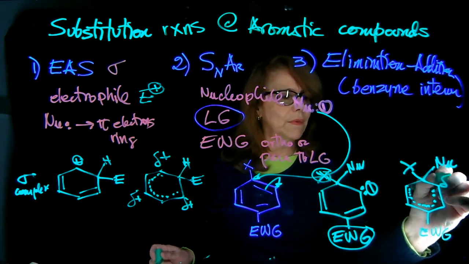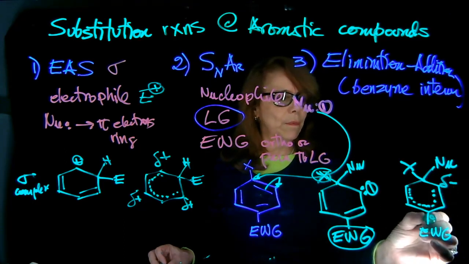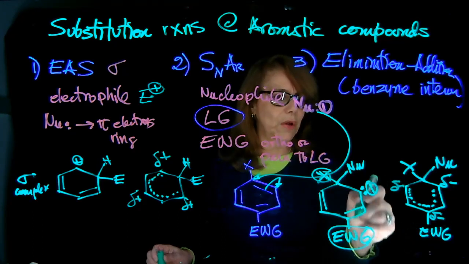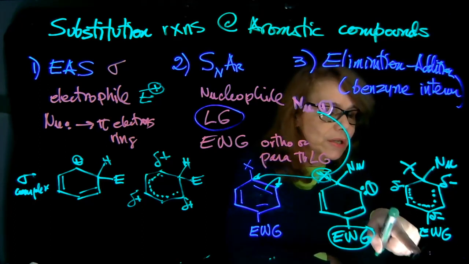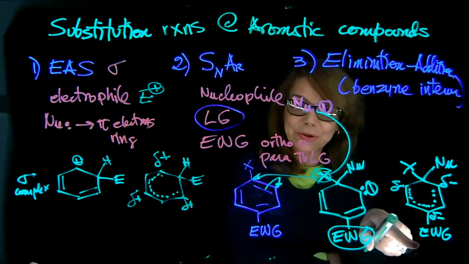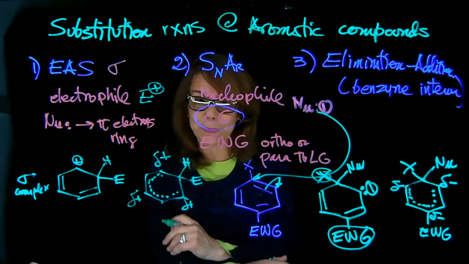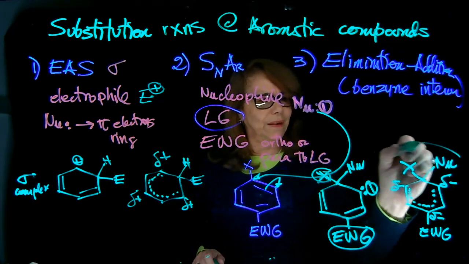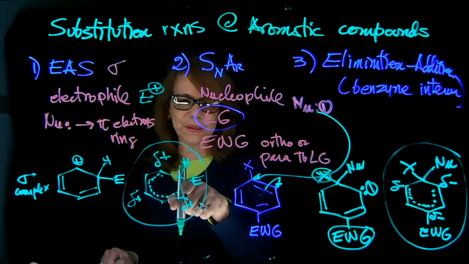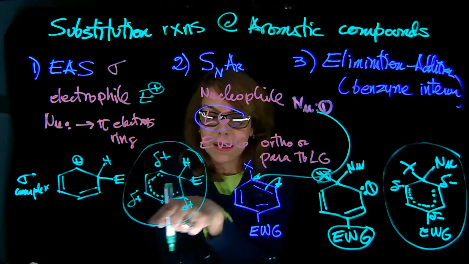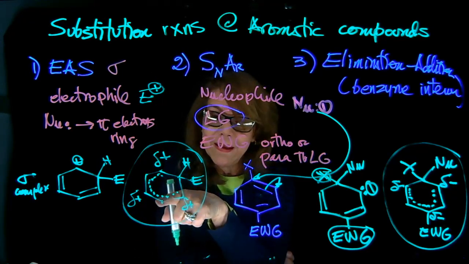And you will have partial negative here, partial negative, and partial negative. Because of the nature of that intermediate being negatively charged, it is important to have an electron withdrawing group here to help stabilize.